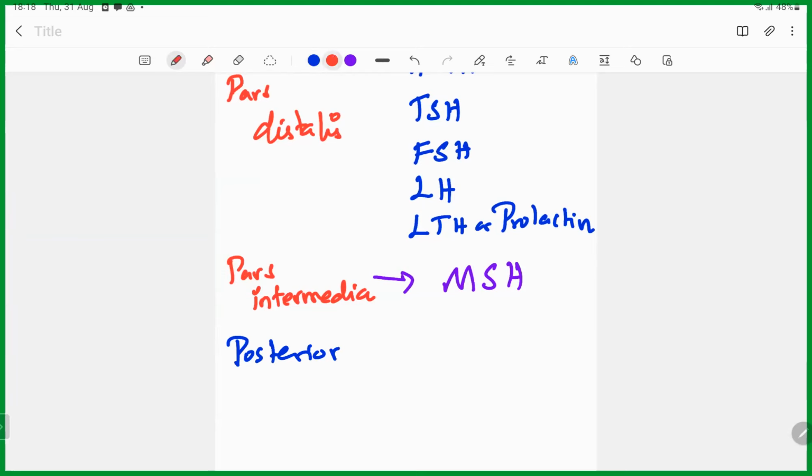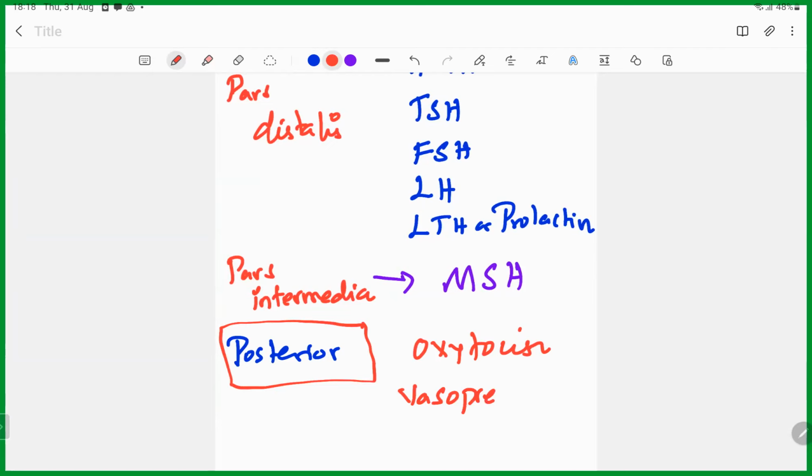The posterior pituitary will have 2 hormones. What are they? Oxytocin and vasopressin.